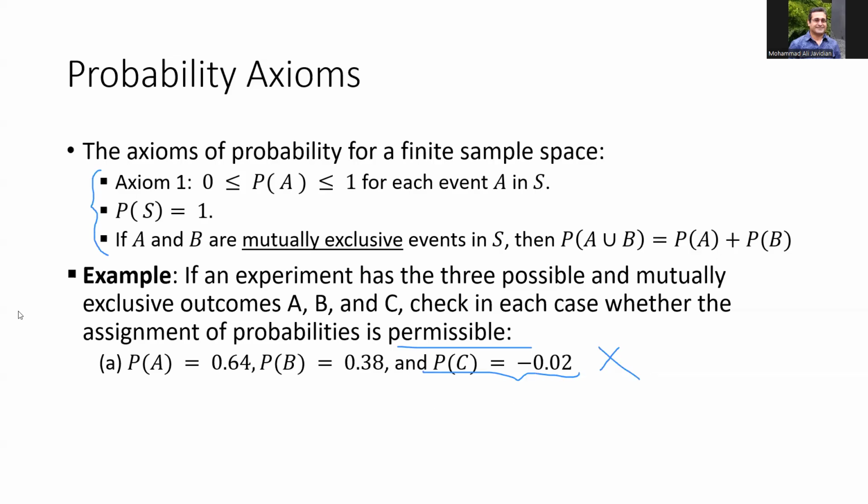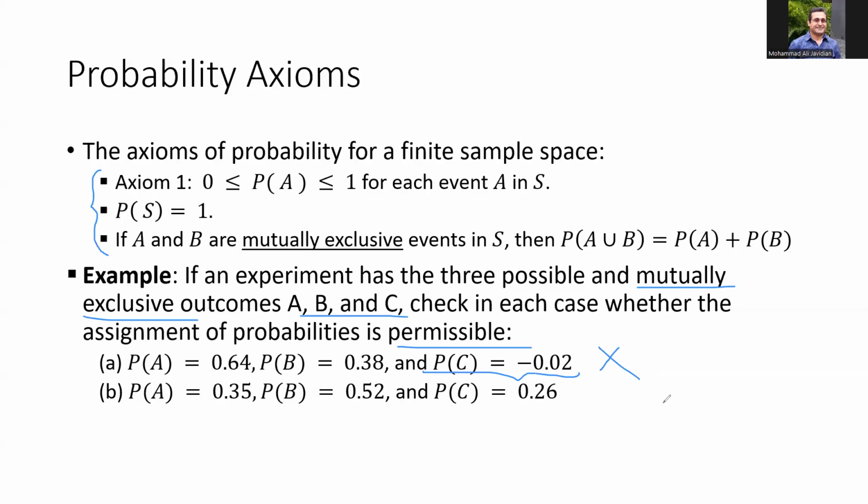And for case B, it's not difficult to see that if A, B, and C are mutually exclusive, the probability of the union of A, B, and C must be 1, which in this case is not.